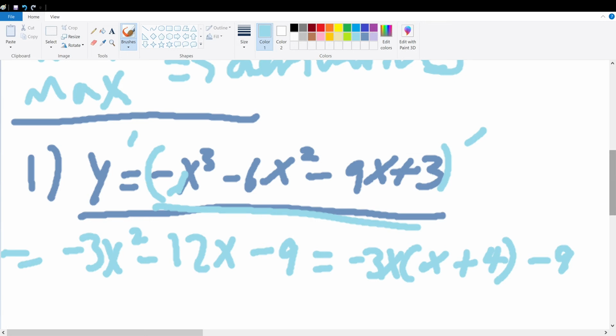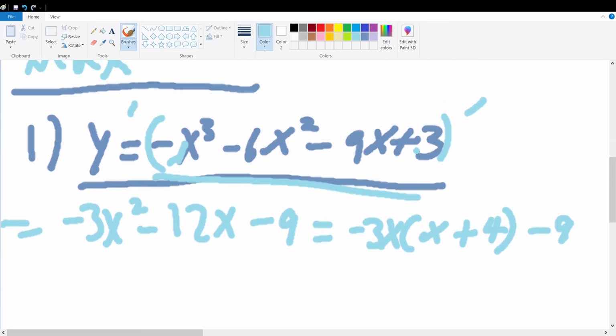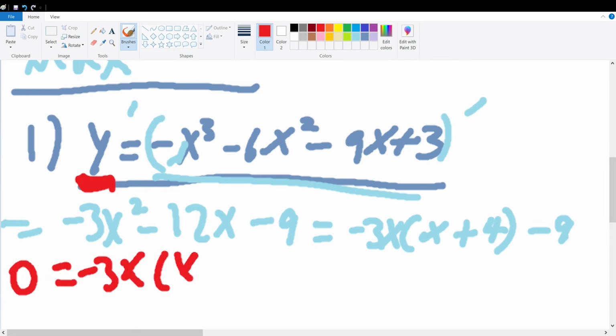We know that to find the minima and maxima, the derivative of y has to be 0, because at the minimum or maximum the slope is 0. So now 0 equals negative 3x parentheses x plus 4 minus 9, which is supposed to be equivalent to 0.